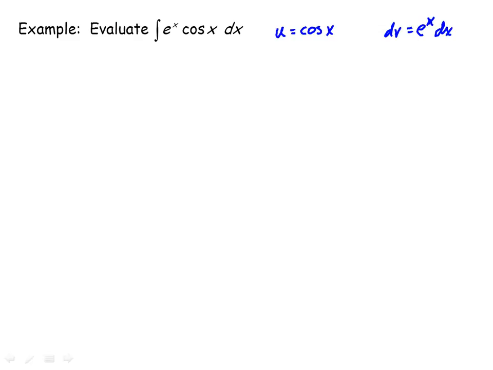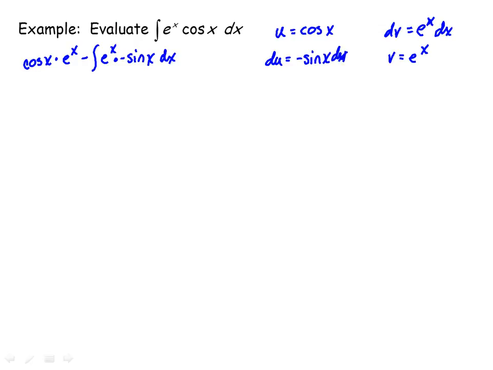Alright, so du is going to be what? A negative sine x. And v is going to stay the same, basically. It's just going to be e to the x. Okay, so let's watch what happens. U times v is going to be cosine x e to the x, minus the integral of v, which is e to the x, du, which is negative sine x dx.